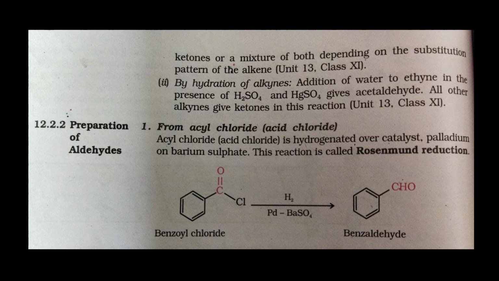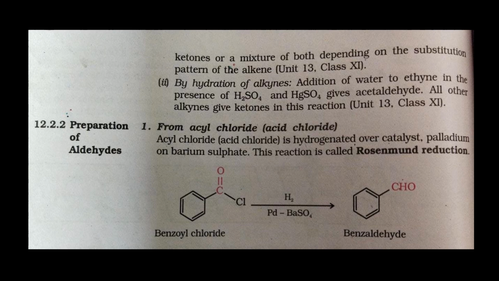Second one, by hydration of alkynes. Addition of water to ethyne in the presence of H2SO4 and HgSO4 gives acetaldehyde. All other alkynes give ketones in this reaction. Refer Unit 13, Class 12.